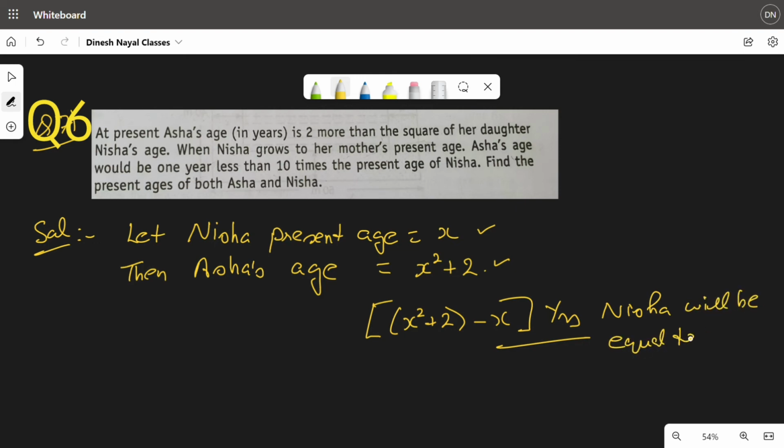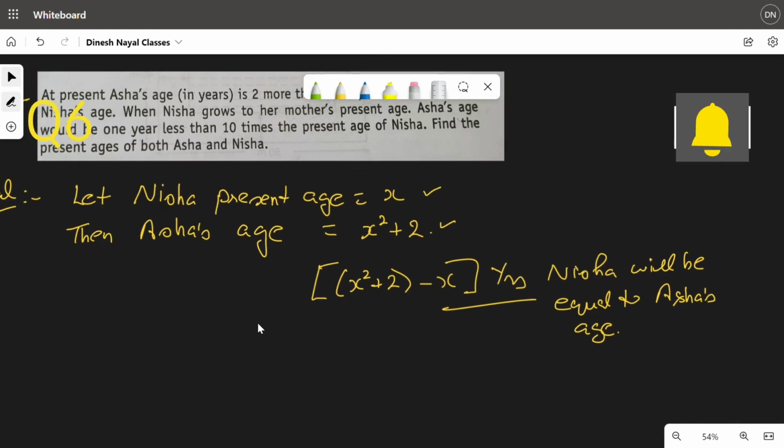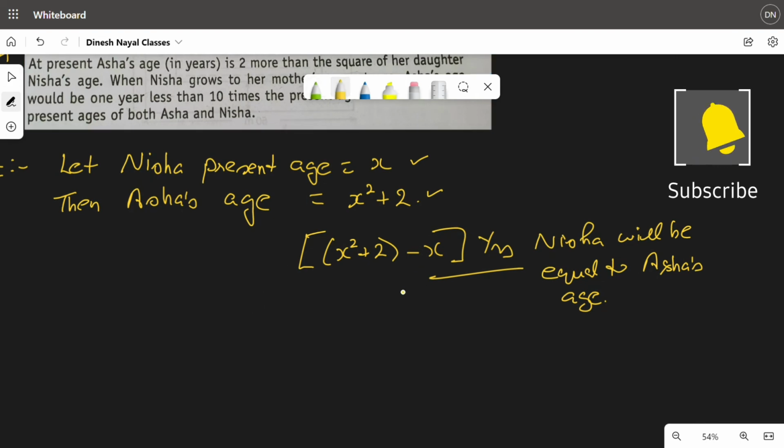Nisha will be equal to Asha's age in this many years, x square plus 2 minus x. So now, according to the given condition, what will be Asha's age? She is already x square plus 2.